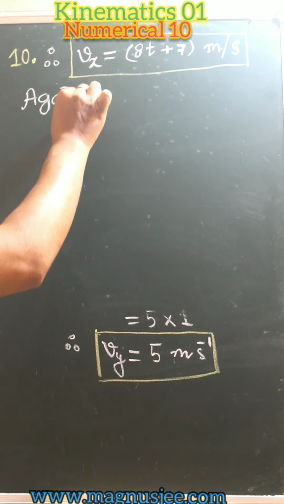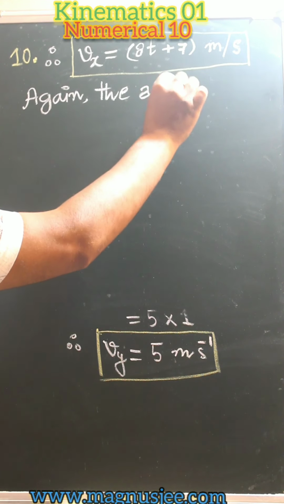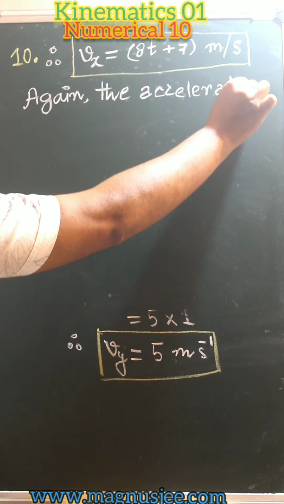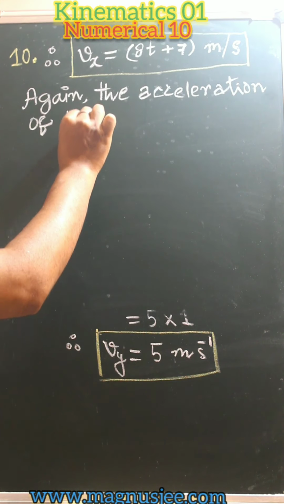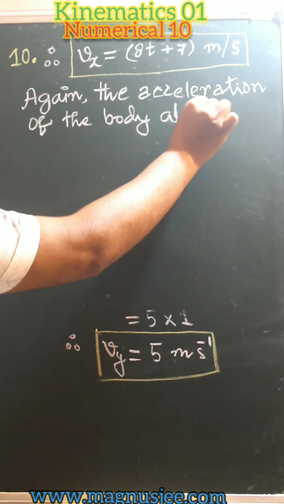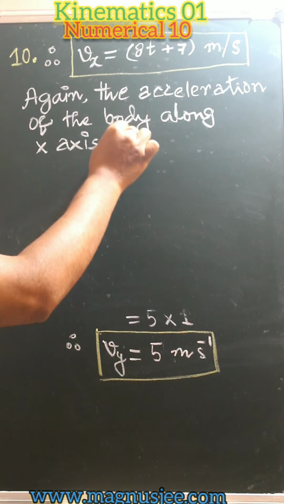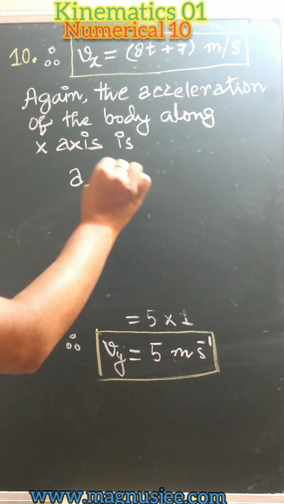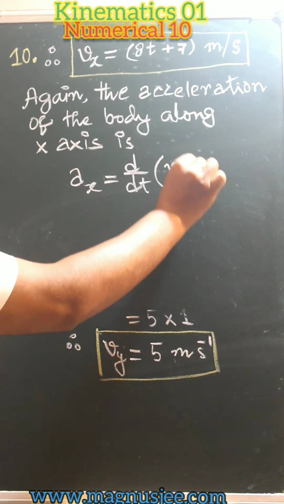Again, acceleration of the body along x-axis is ax equal d by dt of Vx.